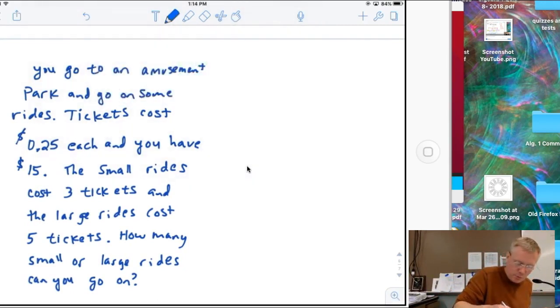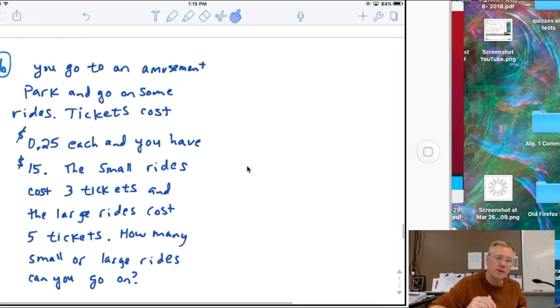You go to an amusement park, one of my favorite things to do, and go on some rides. Tickets cost 25 cents and you have $15. The small rides, little wimpy ones, cost 3 tickets, and the big rides, large rides, cost 5 tickets. How many rides, small or large, can you ride? All right, so let's start here. This is actually going to be an inequality kind of problem.